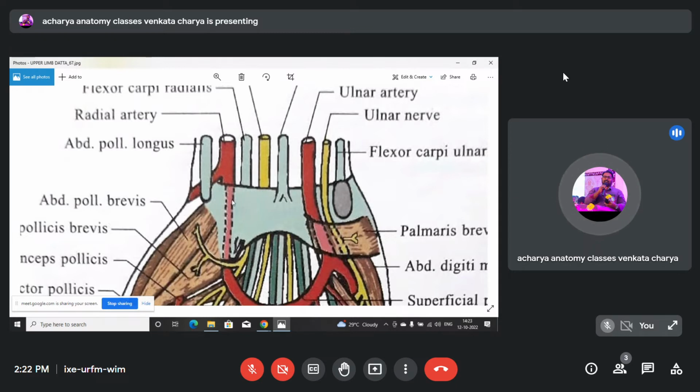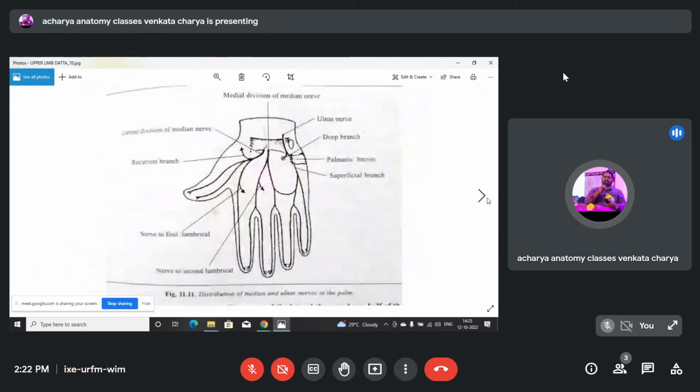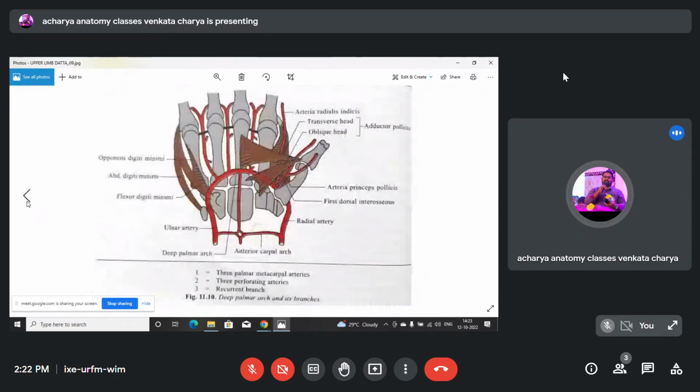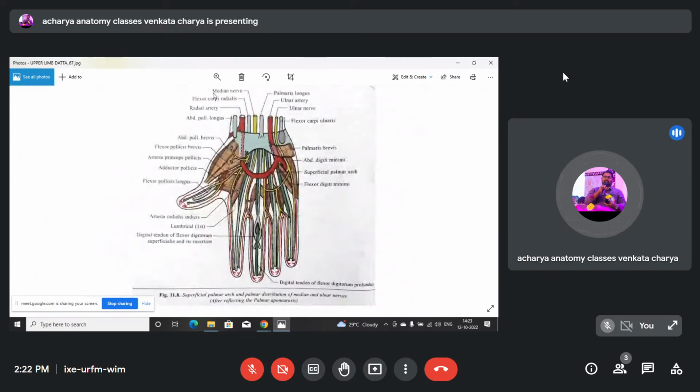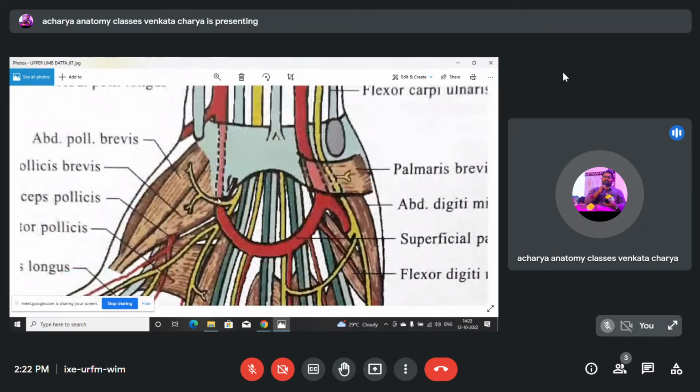So what are the 2 branches? Number 1 superficial branch and number 2 deep branch. First we discuss the superficial branch.